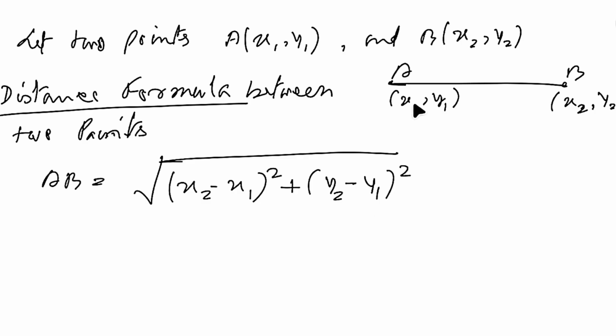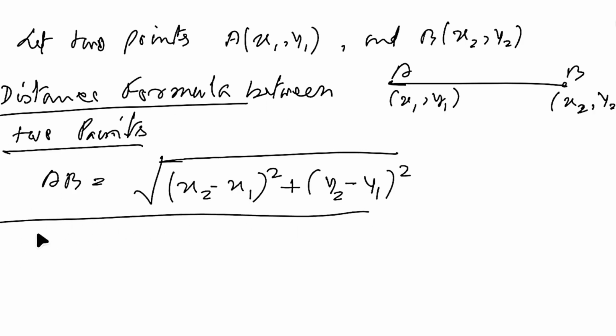We apply this formula, and the coordinates of A and B are given in the question. So we put the values of x2 and x1 and y2 and y1, subtract them, square them, and we find the result. It is called the distance formula.